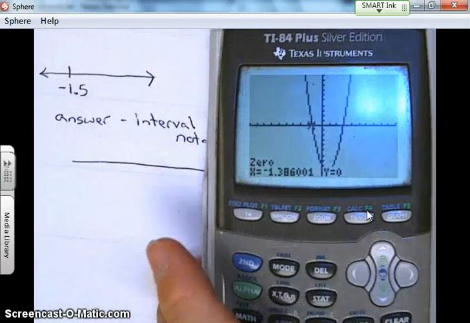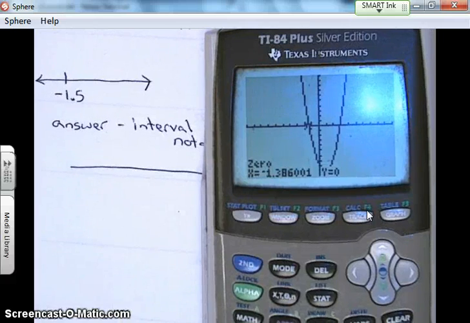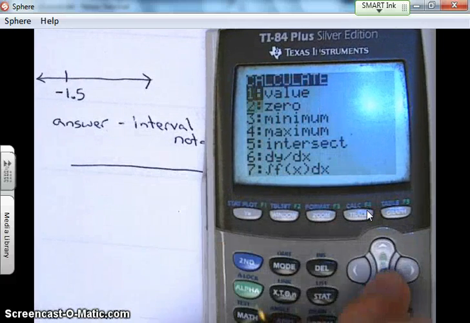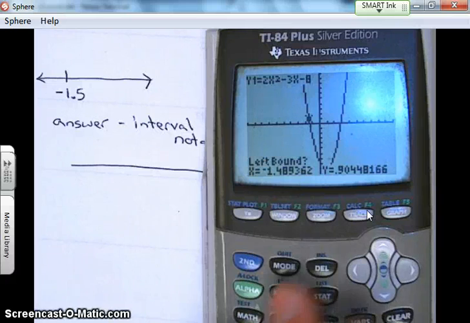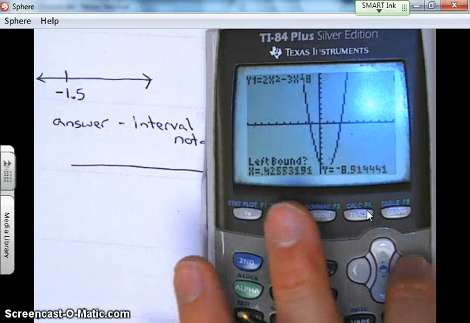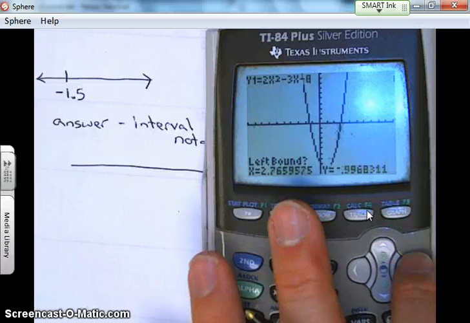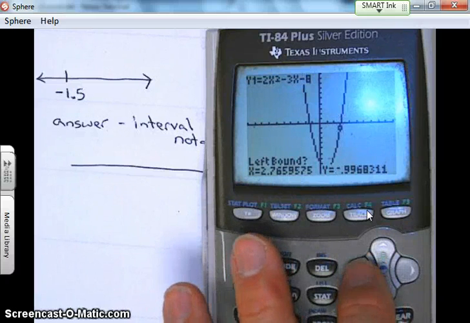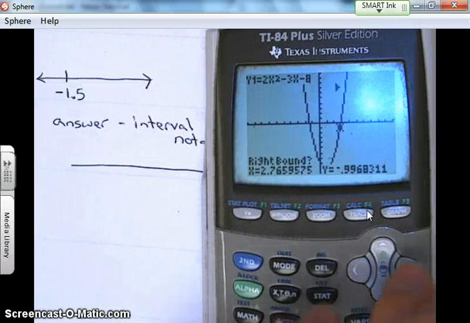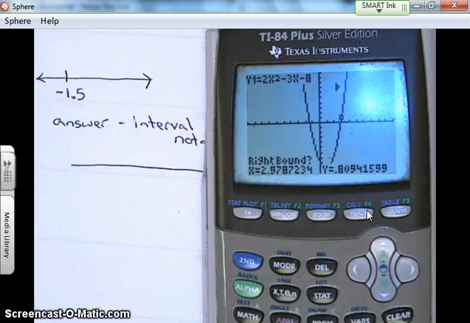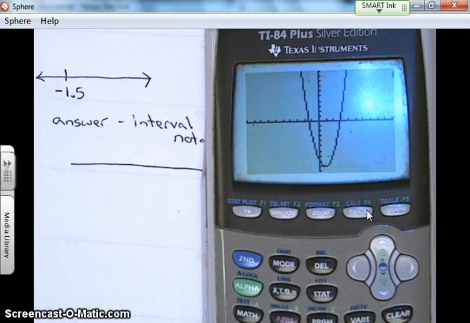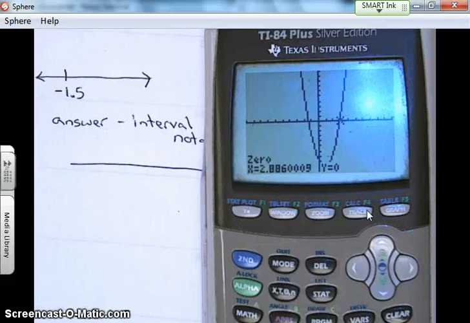And then let's find the solution on the right side. So second calc, 0. And this time we find the left of the 0 below and the right above. Enter. And so we're going to round that to 2.9.